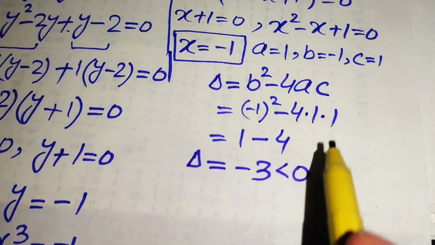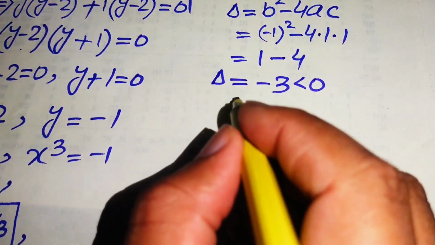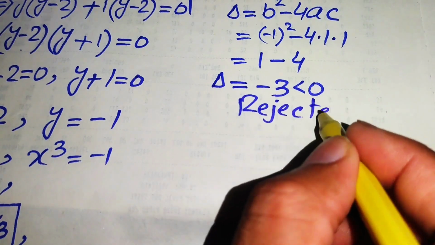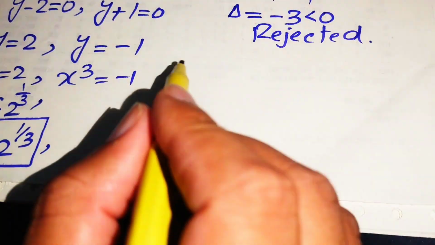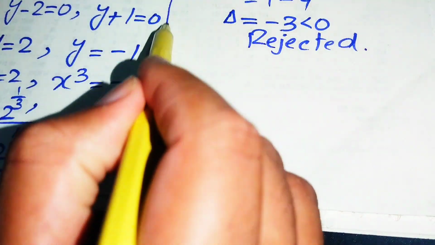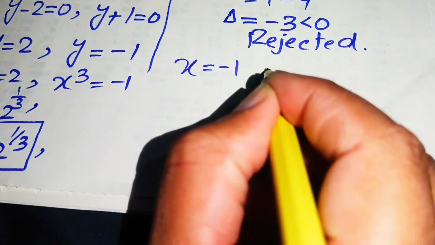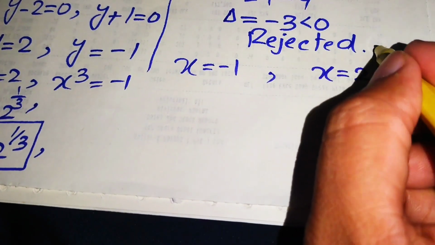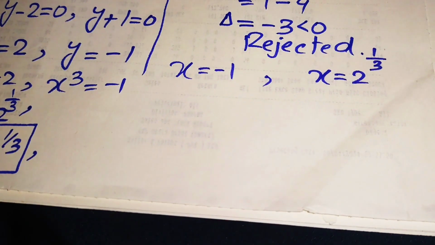It means that this quadratic equation has no real root. So we reject this case because we need only real roots in this question. So we have only two real roots in this problem, and these real roots are x equals minus 1 and x equals 2 to the power of 1 over 3.